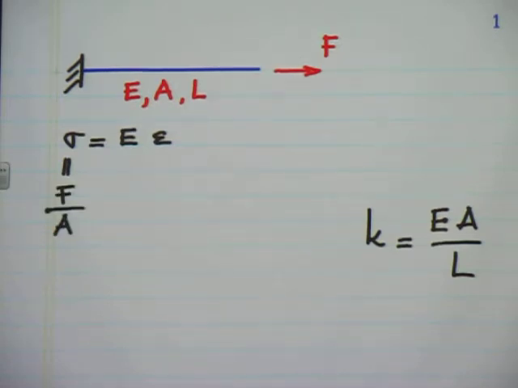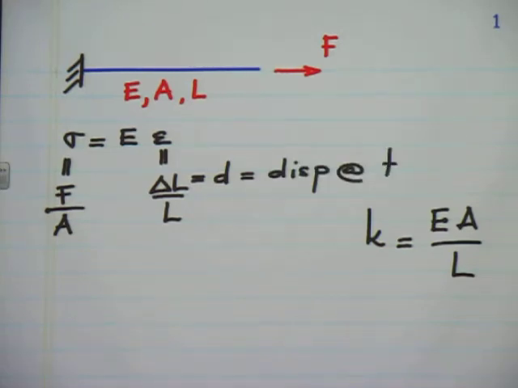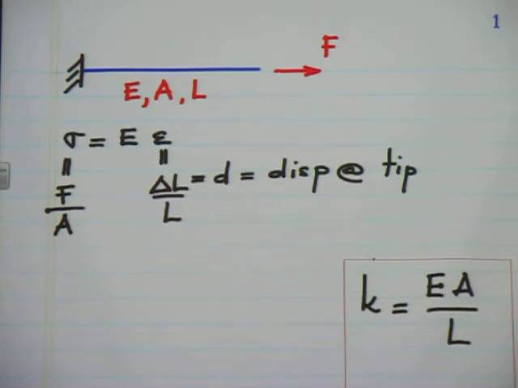And what is strain? Change in length divided by original length. And you can think of change in length as d, or displacement at the tip of the bar.